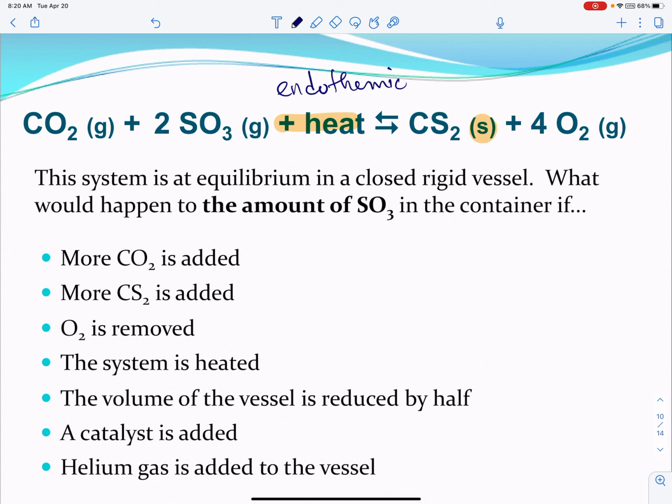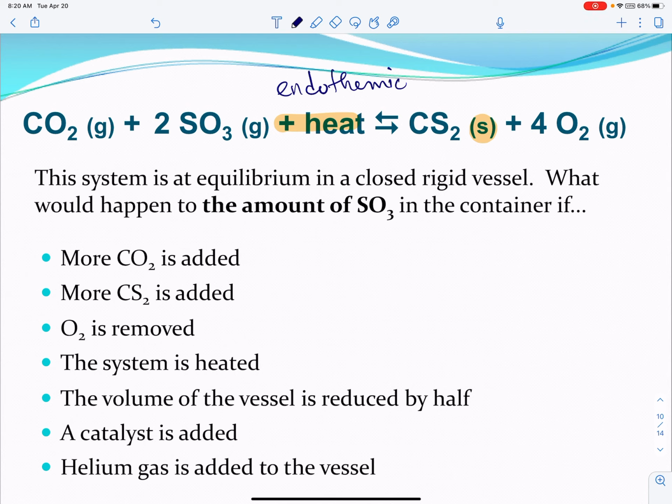If the heat were written on the right-hand side of the equation as though it were a product, that would then be exothermic. So when heat is on the left, the forward reaction is endothermic. When heat is on the right, the forward reaction is exothermic.